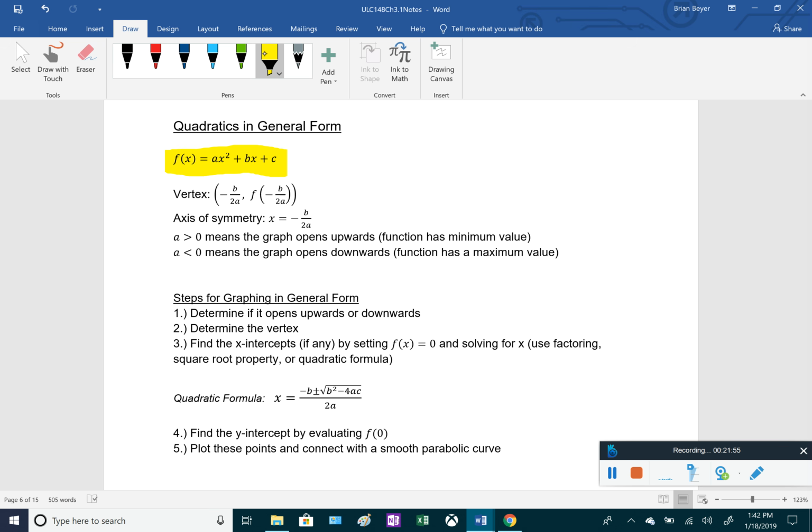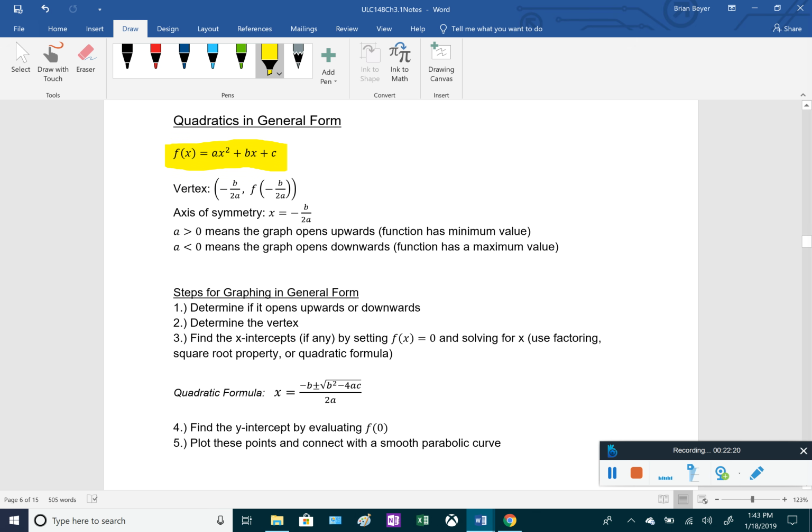So that's what this f of negative b over 2a means for the y-coordinate. So a little bit more work for the vertex for general form. So the axis of symmetry is just once again going to be x equals the x-coordinate, and just like before, positive a value, it's opening upwards, negative a value opening downwards.